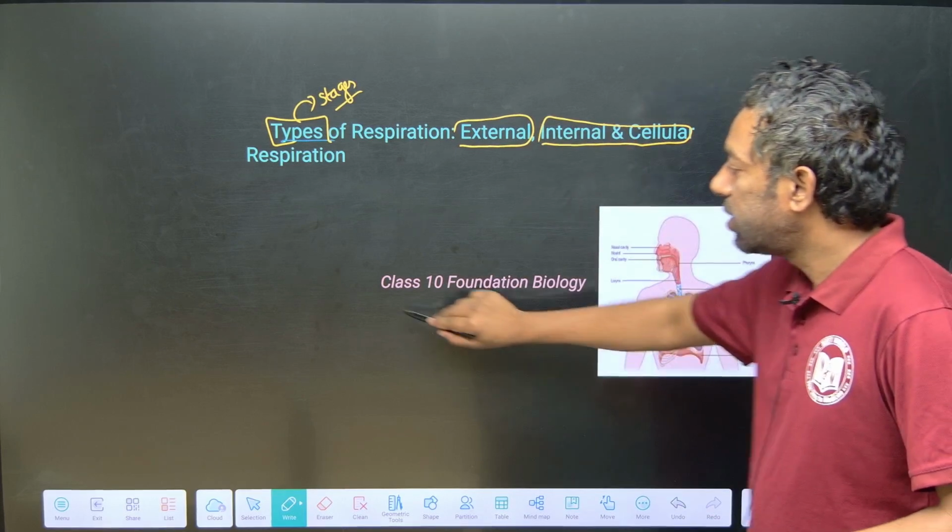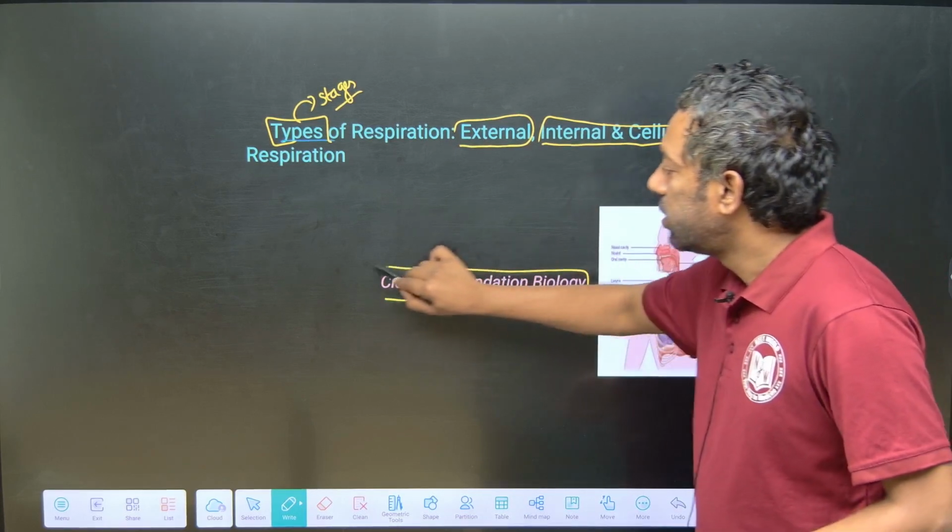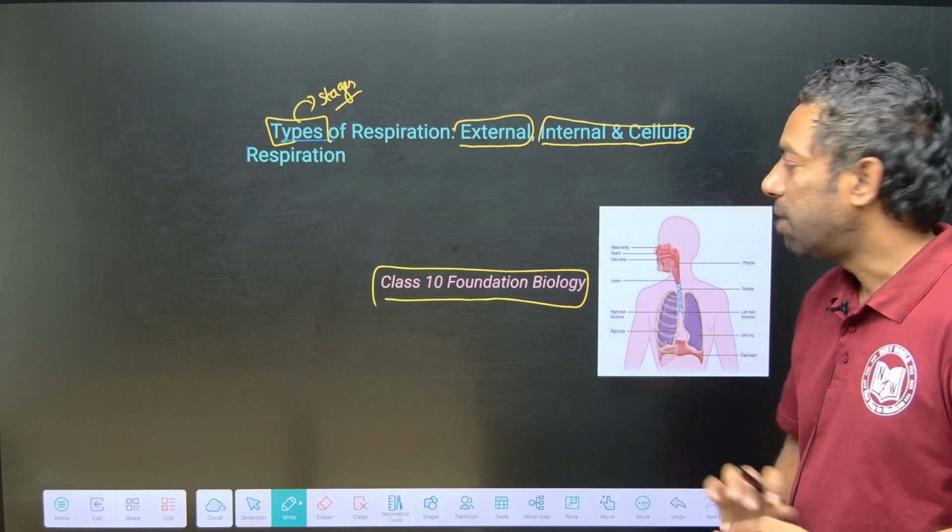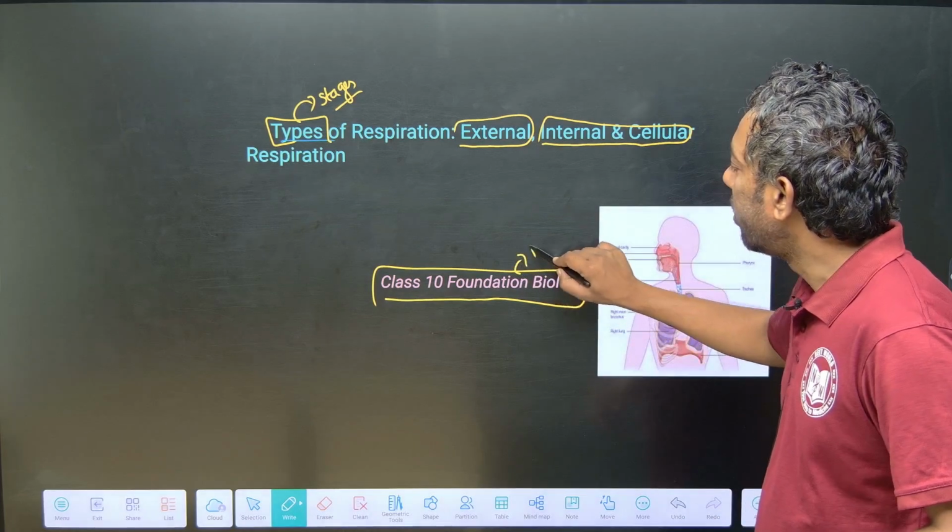This is a class for 10th standard, foundation biology at NEET level.